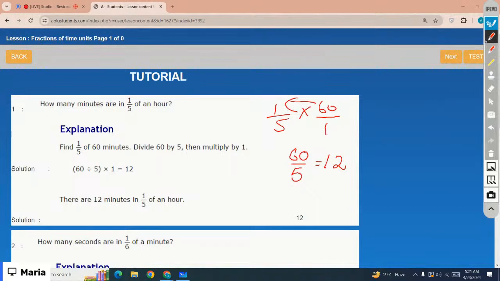One fifth of an hour means you have to evaluate 1 by 5 times 60, right? And 1 by 5 times 60 is 60 by 5, that equals 12 minutes.